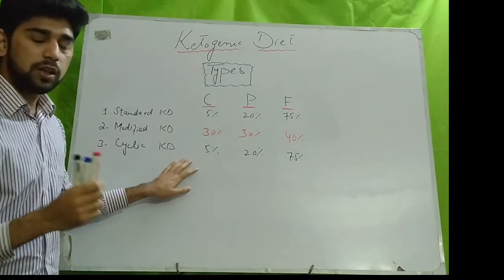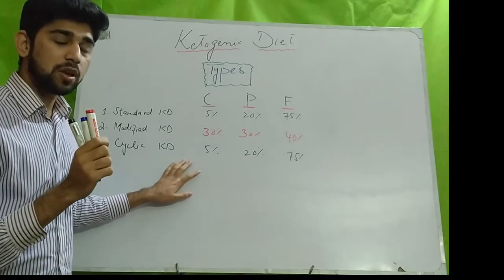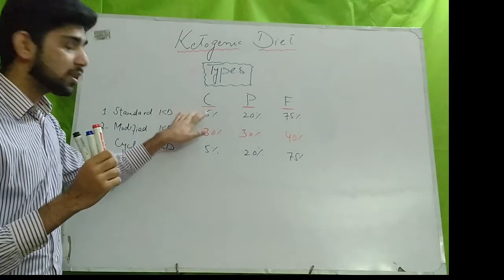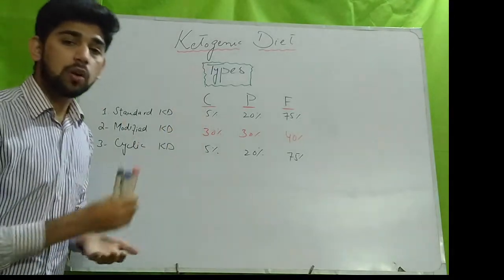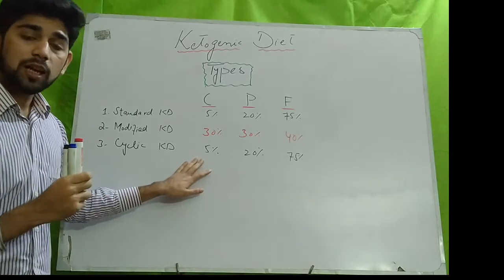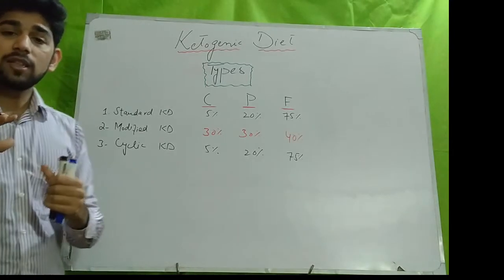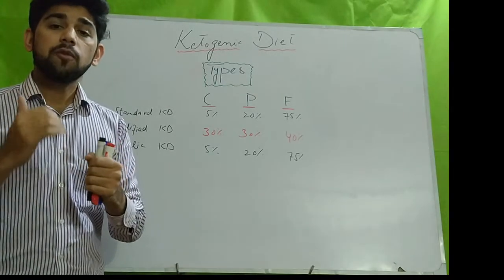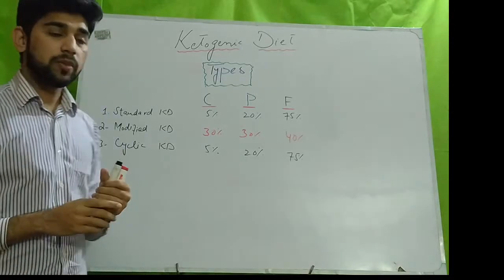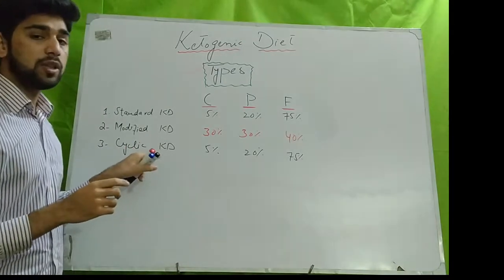But this type of diet is used by those persons who are unable to stick to the standard ketogenic diet for a long time. In this type, we can add carbohydrates in our diet for 1 to 2 days in a week. That's why it's called cyclic ketogenic diet.